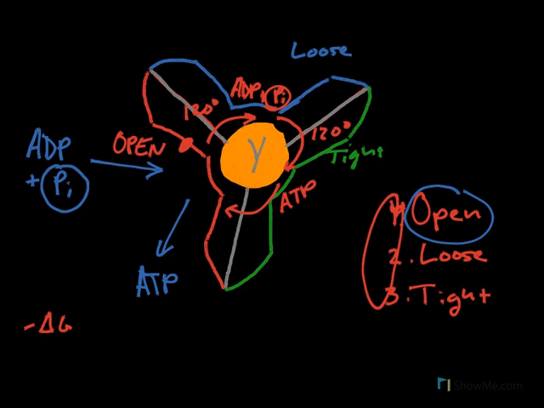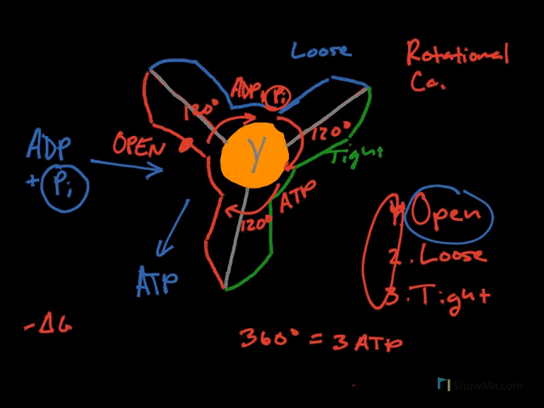And if we have another 120 degree rotation, our site that was originally open will now release its new ATP molecule that it formed. So that's why we say for every 360 degrees, for every one full turn, we create 3 molecules of ATP, because every site has gone through all 3 conformations and released 1 molecule of ATP. And again, this is our rotational catalysis.